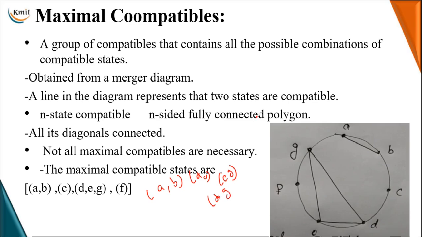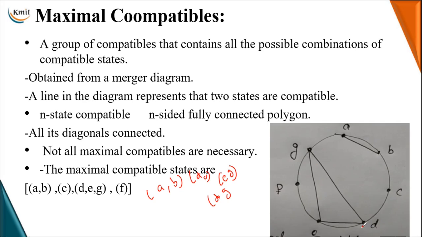So let me draw that. AB we have drawn here, along with DE. Next EG. Next we have drawn DE, EG as well as DG.